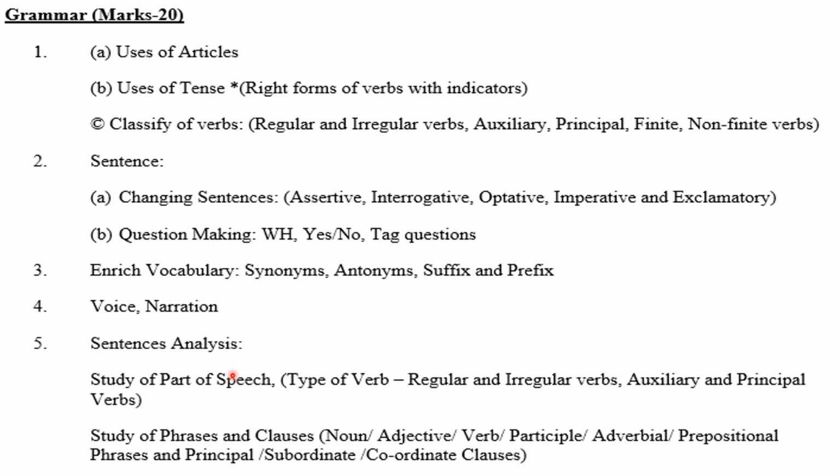You have to know about the parts of speech and their functions. And there are types of verbs: regular, irregular, auxiliary, principal verb. You have to also know the classification of verbs, and this grammar topic will help you to analyze sentences.